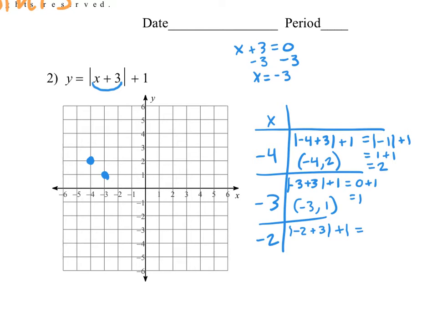And then 1 plus 1 is 2. So then what's our point here? Negative 2, 2. So we go to the left 2 and up 2.